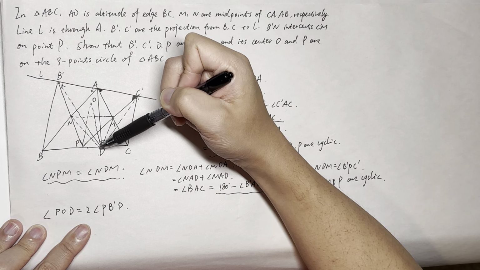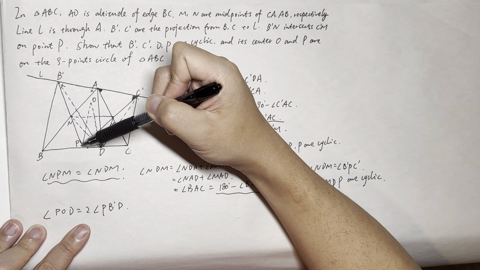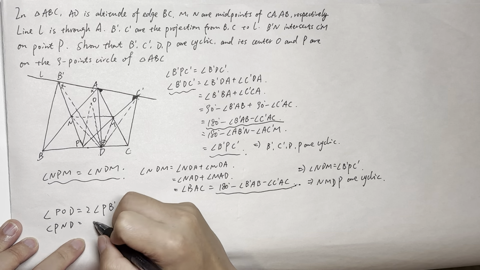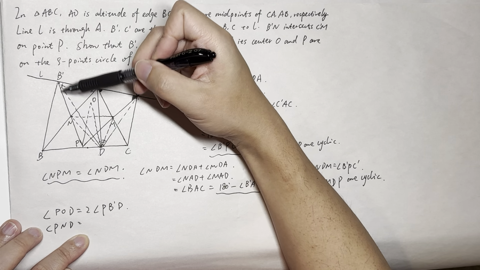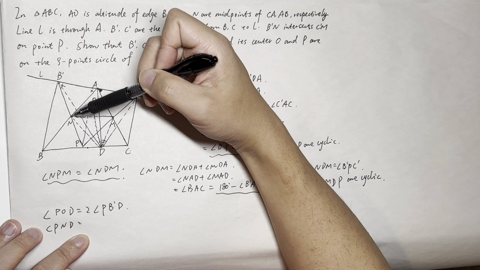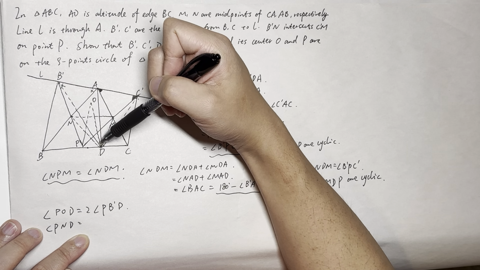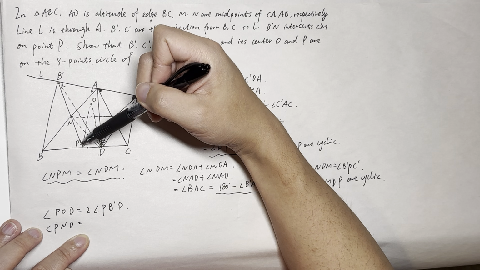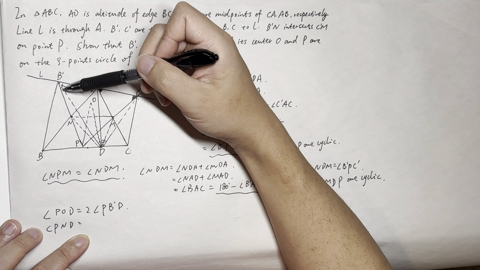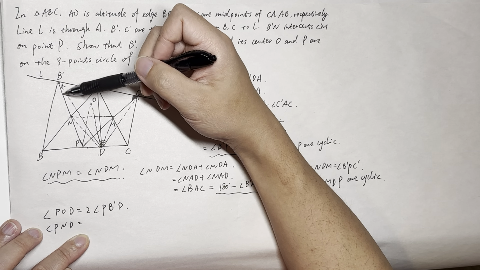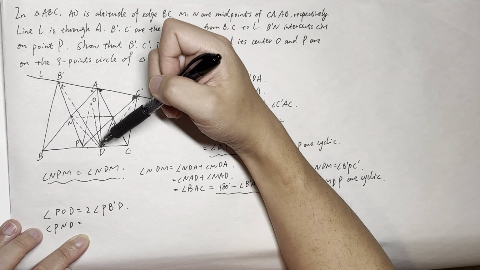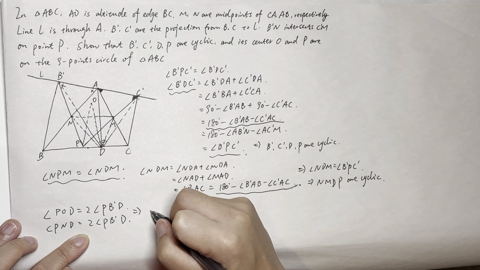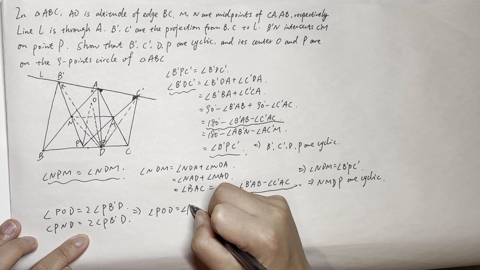That makes angle PND: because NB prime equals ND, angle NB prime D equals angle NDB prime, right? So angle PND is the sum of these two angles. That's twice angle PB prime D.